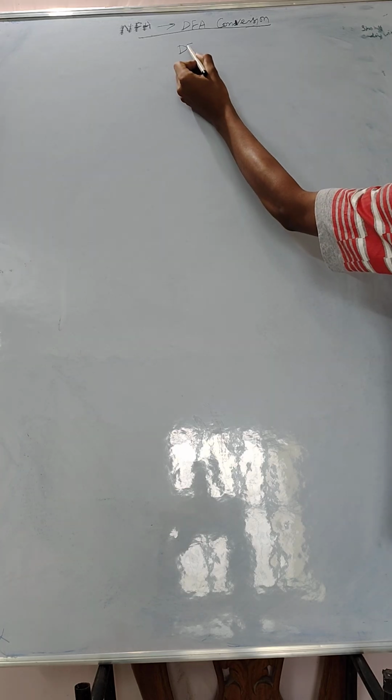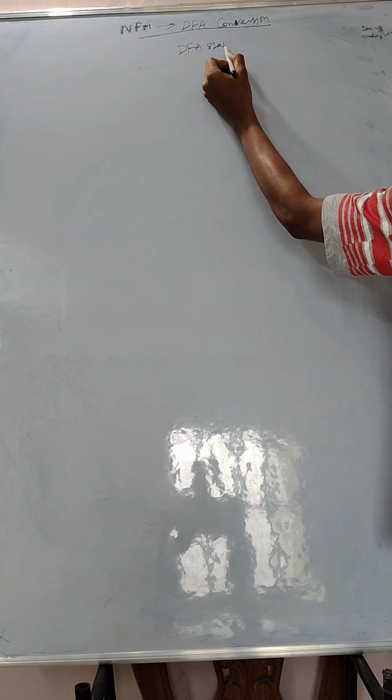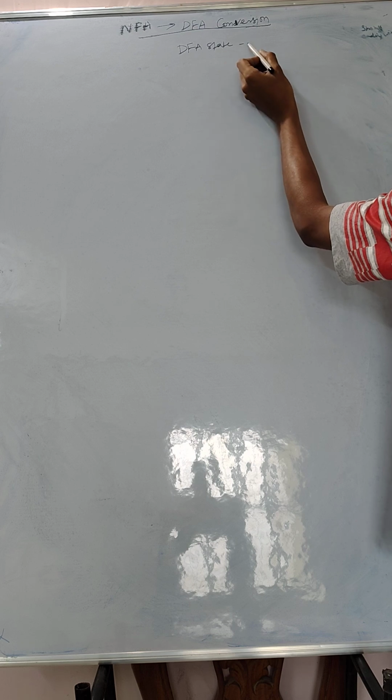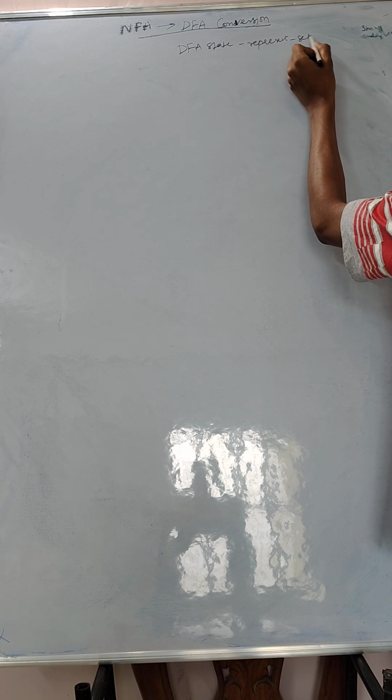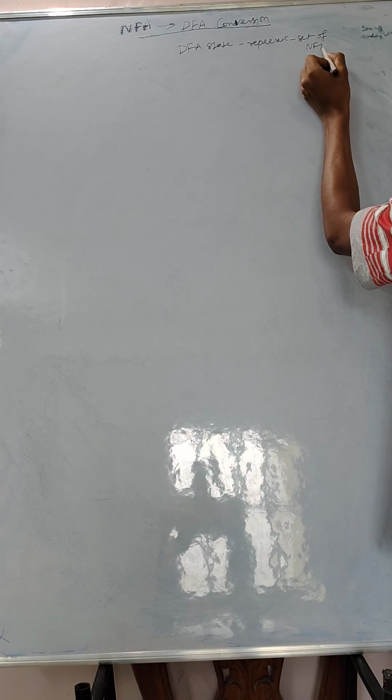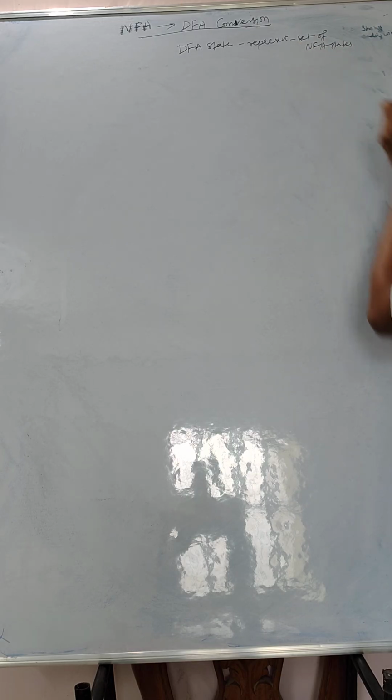So a DFA state will represent a set of NFA states. Now, step 1, take the lambda closure of the start state. That becomes the DFA start state. Step 2, for each DFA state and each input, find all reachable NFA states.